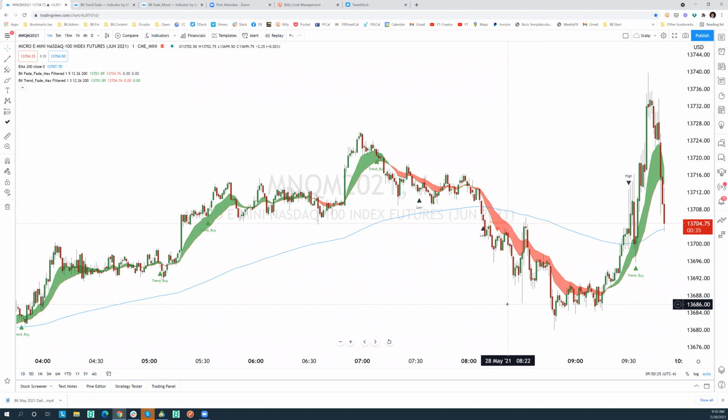So in other words, like I had the fade signals in the original version, it just said fade sell, fade buy. Well, I just made those low high. So low would be fade buy, high would be fade sell. Okay. So I just renamed them to kind of give you.